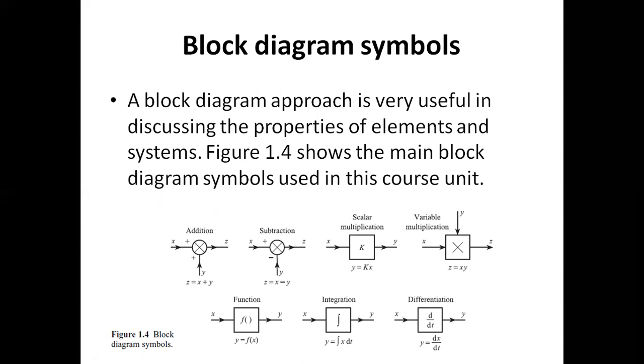The third one represents a signal being multiplied by a constant k to get an output y. The fourth symbol represents two variables or two signals that are being multiplied to get an output signal, which is the product of the two signals.